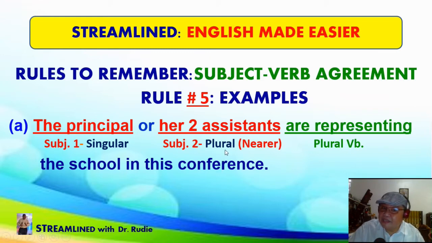This subject is plural. And since it is the nearer subject, our verb must follow the number of the nearer subject. Our verb is are representing, likewise plural as the second subject.